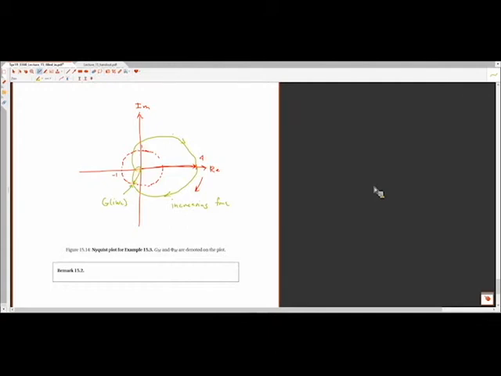So what we care about here is the crossing of the negative real axis. So let's come up with a different color. This is the point at which the Nyquist plot crosses the negative real axis. And we care about this distance, and this ends up being 1 over the gain margin.